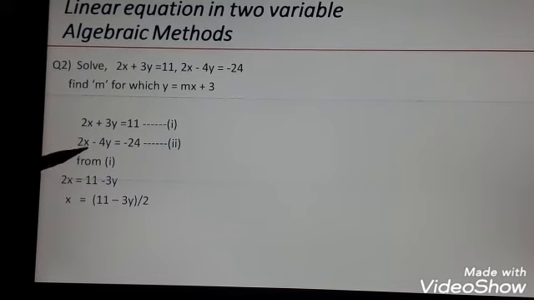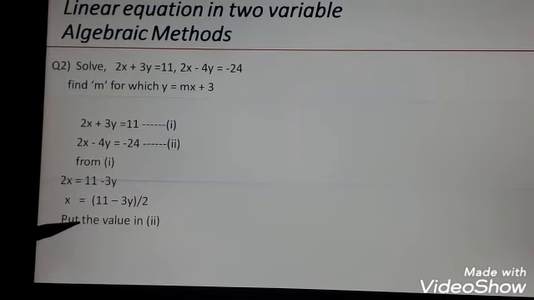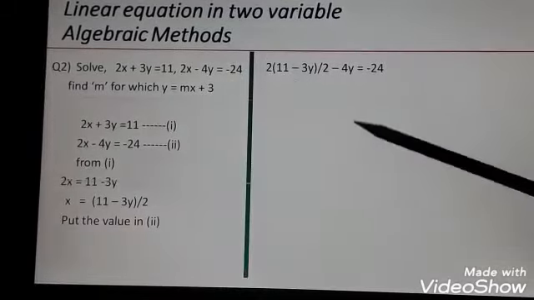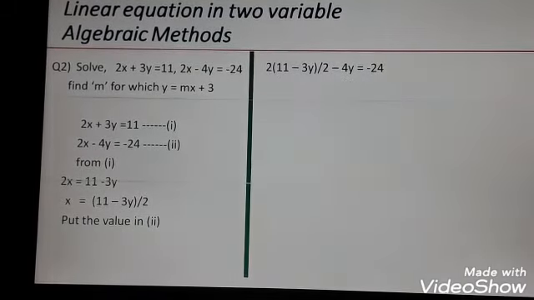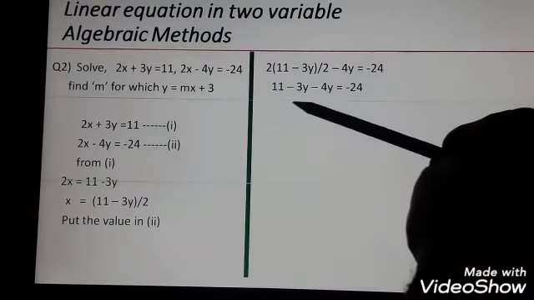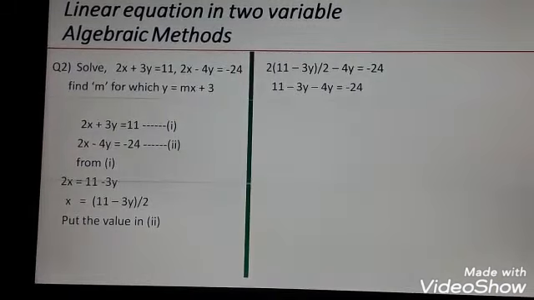Here it is 2 into x. So in place of x you have to replace this value, (11 minus 3y) upon 2. So the expression becomes 2 into (11 minus 3y) upon 2. This 2 and 2 will cancel out, and on further simplification you will get 11 minus 7y equal to minus 24, and the value of y is 5.